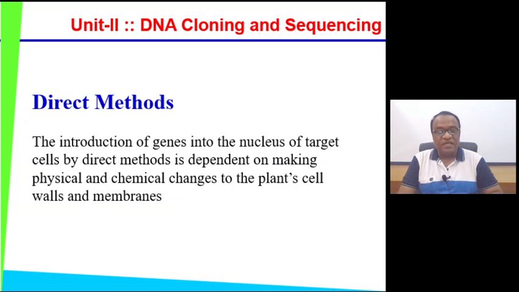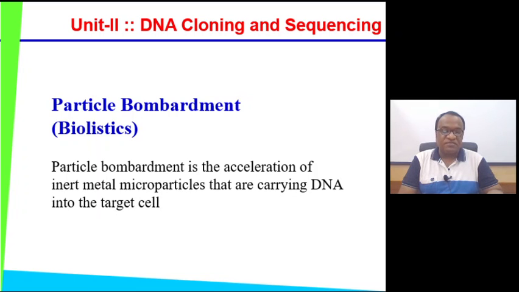So it is accepted that these direct methods can be used to transfer DNA to virtually all plant species. It is not so in practice, but theoretically it is assumed that it may be used.